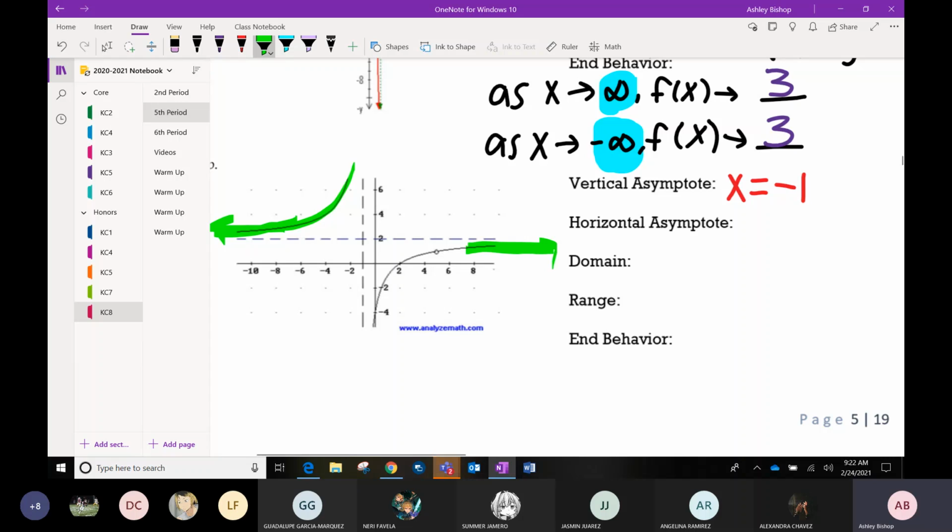It approaches 2 but doesn't reach it. So y equals 2. Please do not forget the x equals and the y equals. On your workday tomorrow, your question won't turn green if you forget the x equals and the y equals for your asymptotes.